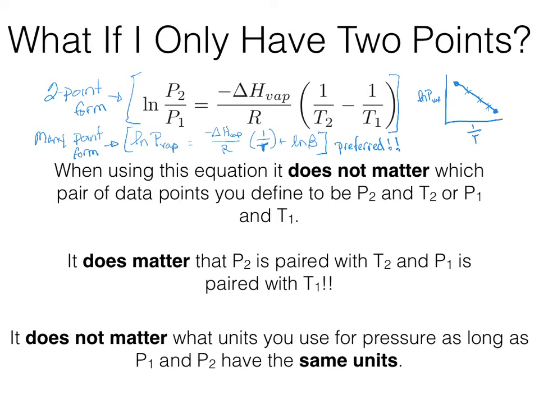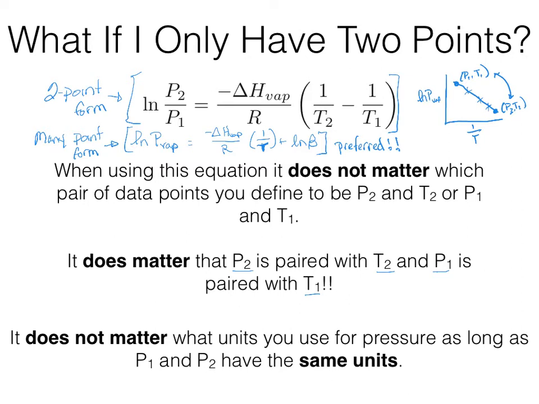Now, when using the 2-point form, it does not matter which pair of data points you define to be P1 and T1 or P2 and T2. We can have P1, T1 up here and P2, T2 down here, or these can switch. Both are fine. It does matter that P2 is paired with T2 and P1 is paired with T1. So it matters that you keep the points together, but it doesn't matter which one you number 1 and 2.